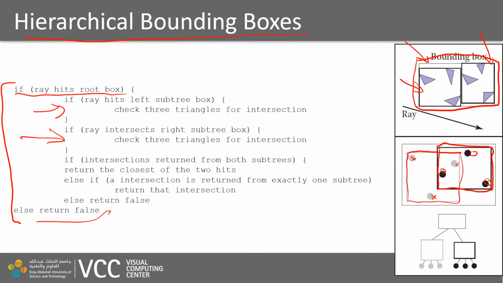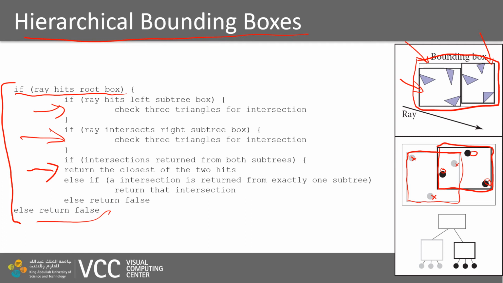Even if there is, we have to continue with the right subtree and check whether there is an intersection. And of the intersections returned from both subtrees, we need to return the one which is the closest of the two hits, meaning the one with the lowest t value as the parameter in this parametric form of a ray.